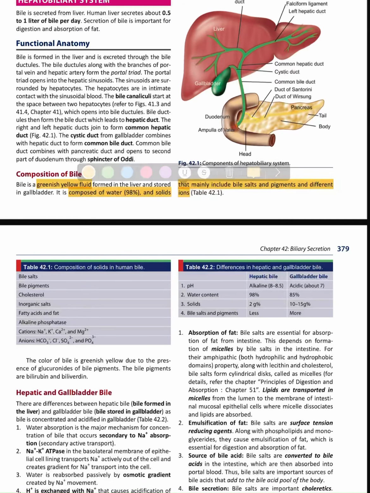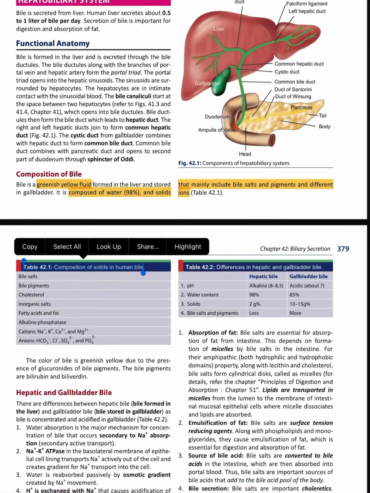Look at the table. Composition of solids in human bile. Important point: bile salt, bile pigment, cholesterol, inorganic salt, fatty acid and fat, alkaline phosphatase, cation, and anion.